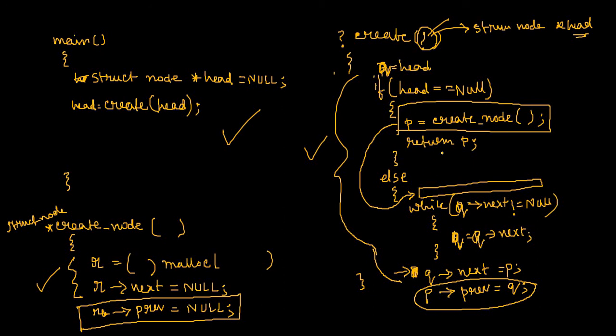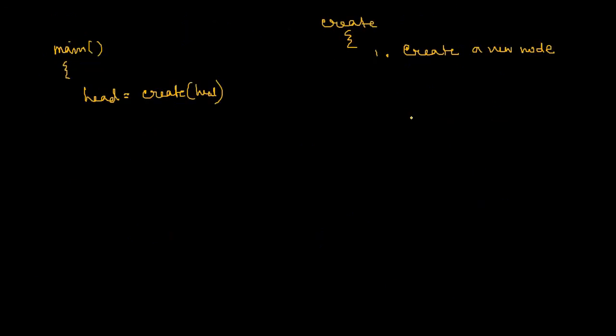So since I have to create a node, you can do one thing. Instead of writing create node in both places, in if and else, you can keep this particular line even before the if statement, so that you will not need to repeat the same statement in both the if and else parts, right? And that is what I have done over here. I've created a new node. I have not even started the condition of whether it is the first time or the next time. Okay, so created a new node, fine.